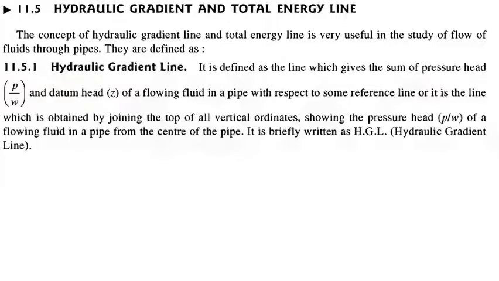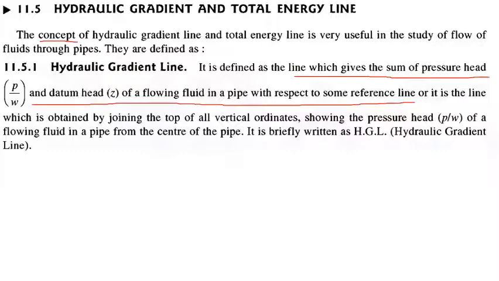Next, let's see about the hydraulic gradient and total energy line. So this concept is useful in the study of flow of fluids through pipes. Let's see the definition. Hydraulic gradient line is defined as a line which gives the sum of pressure head and datum head of a flowing fluid in a pipe with respect to some reference line, or it is the line which is obtained by joining all the top vertical ordinates showing the pressure head of a flowing fluid in a pipe from the center of the pipe.